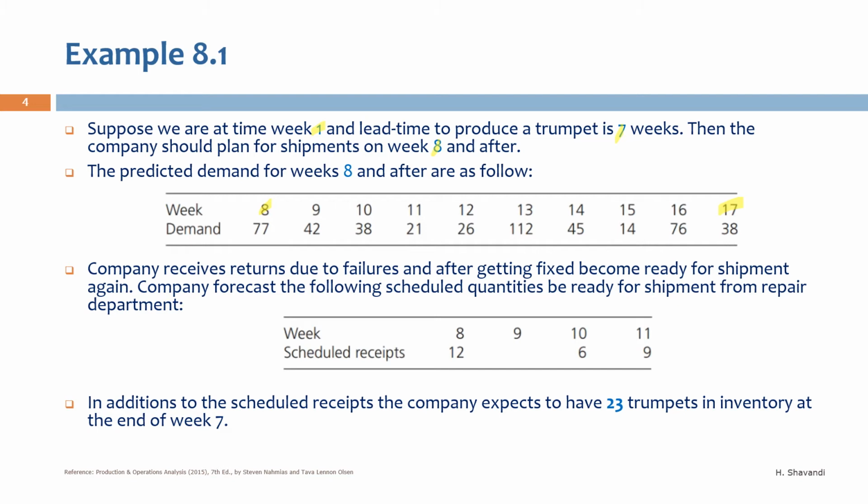In this case, we're expecting to receive 12 items, 12 trumpets from repair shop at week 8, 6 at week 10, and 9 at week 11. So these are the scheduled receipts or arrivals to our inventory. And also we're expecting to have 23 trumpets in inventory at the end of week 7.